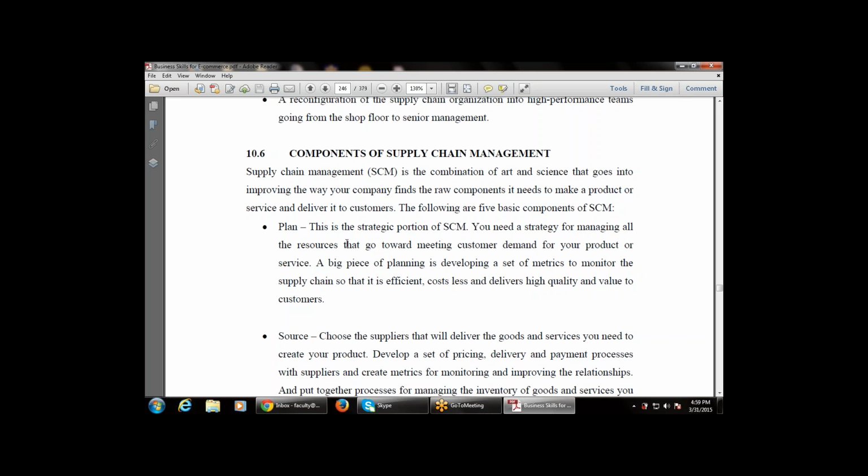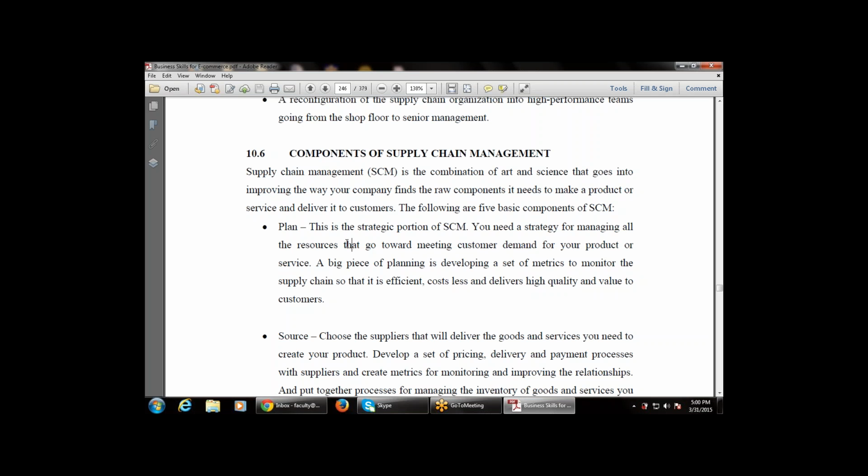Developing a set of metrics means developing a standard metric to monitor the supply chain, to see that the supply chain is efficient, costless, and delivers high quality and value to the customers.